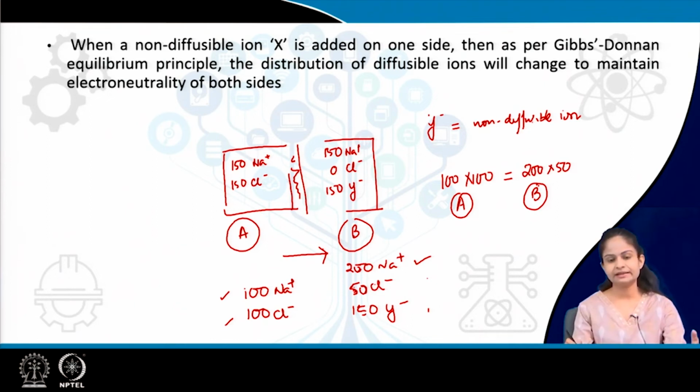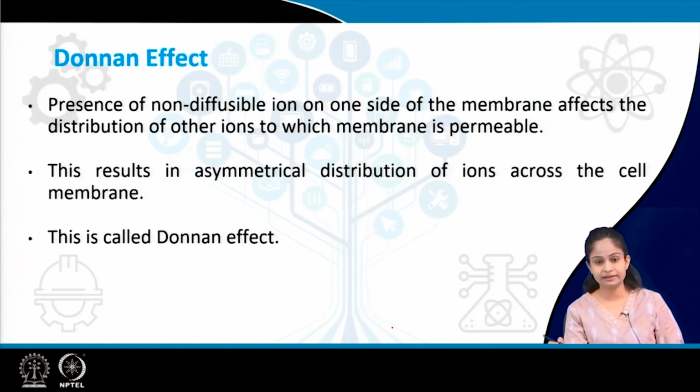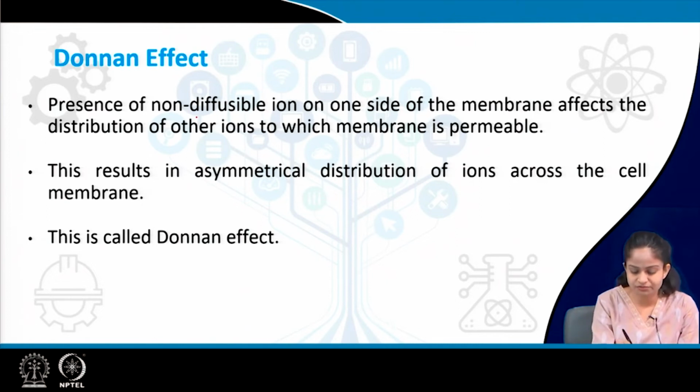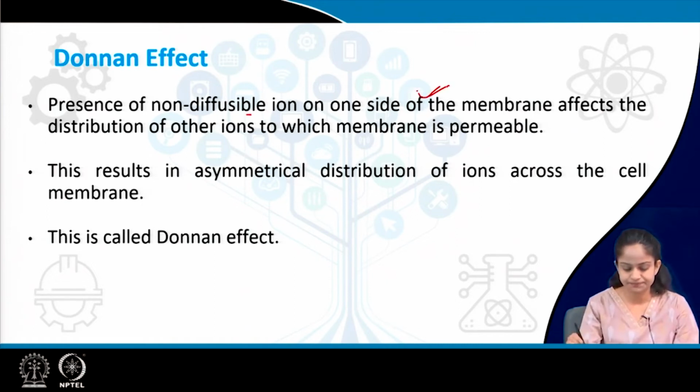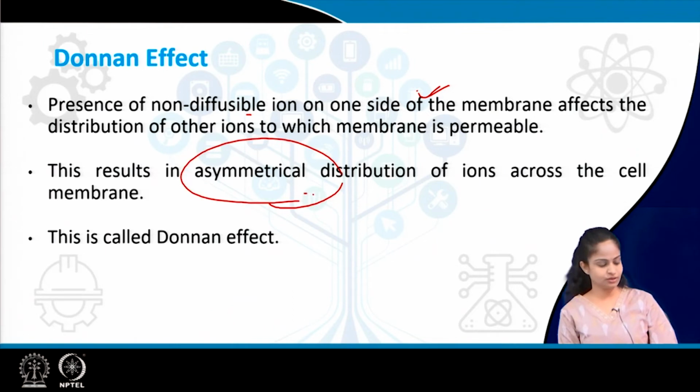So, Donnan effect is mainly due to the presence of this non-diffusible ion, which is not permeable to the semi-permeable membrane, so there will be asymmetrical distribution of the diffusible ions across the semi-permeable membrane, which again gives rise to the resting membrane potential or maintains a final equilibrium. So, the presence of a non-diffusible ion on one side of the membrane affects the distribution of the other ions to which the membrane is permeable. That results in the asymmetrical distribution of ions across the cell membrane. So, this is called the Donnan effect.